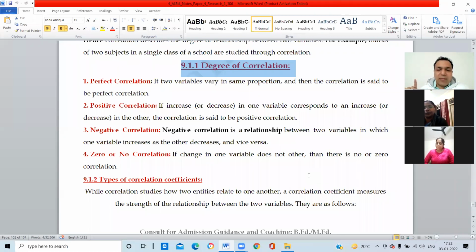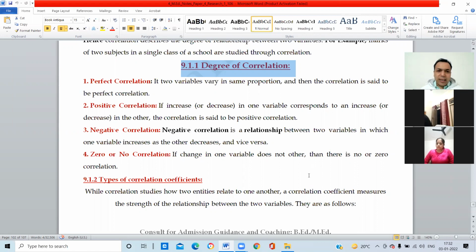We will not say negative correlation because one variable is increasing 50% and the other is decreasing 50%. This is also called a positive correlation. If there is a 50% demand and 50% of mobiles are purchased by the consumer, this is also called a positive correlation, right? But it should be the same proportion.